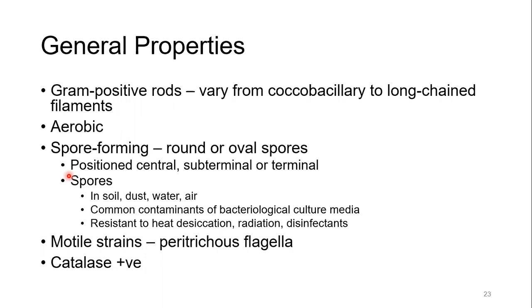And the spores tend to be resistant to heat, to drying, that's desiccation, radiation, and to disinfectants. Most strains that are motile tend to have peritrichous flagella, which I believe you know what that is. And these organisms are catalase positive.